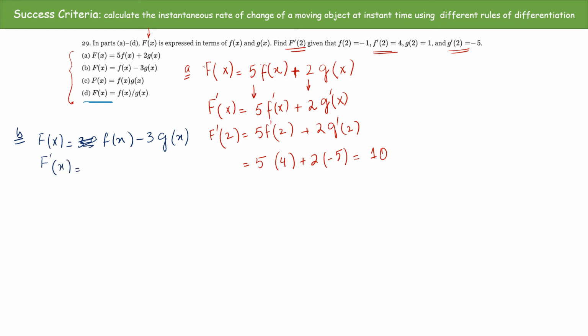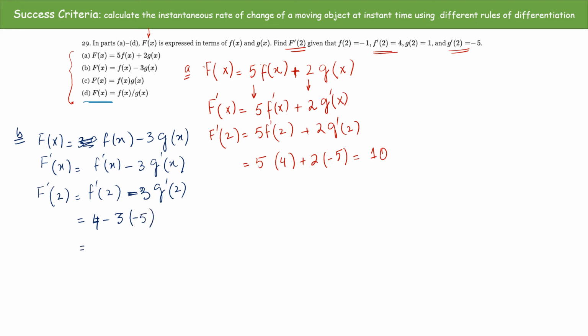The derivative of f of x is f prime of x, minus the derivative of 3g of x, which is 3g prime of x. Since we have to find F prime of 2, we replace all the x by 2 and use our data of f prime of 2 and g prime of 2. So F prime of 2 is 4 minus 3 times g prime of 2, which is -5. So 15 plus 4 is 19.